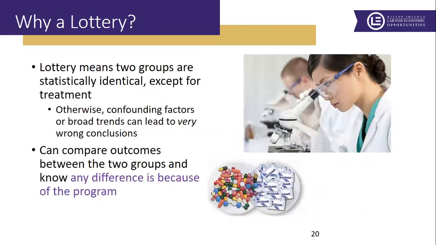Lottery is really the best way to get a counterfactual, because it means the two groups on average are statistically identical at the beginning of the program. Otherwise, you can have these very confusing trends.